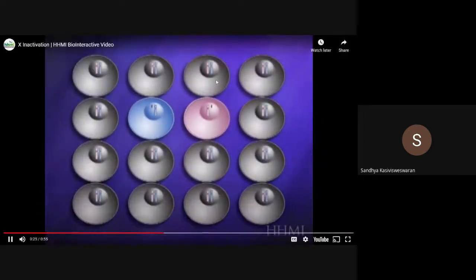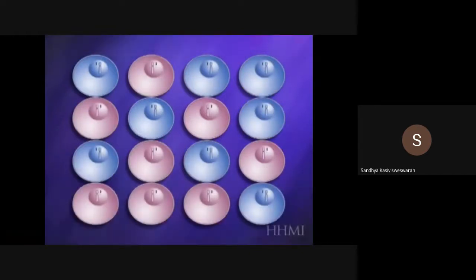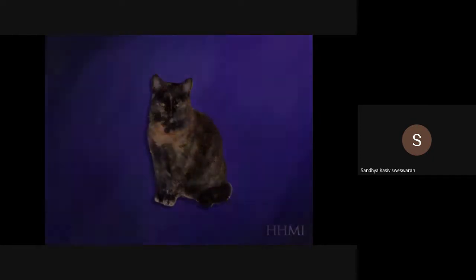And now this process will happen at random, and you'll have almost half of the cells with the maternal X active, half with the paternal X. The embryo will continue to grow, cells divide, all the descendants of that cell will keep the same X active. And you've seen this in calico cats, right? The coat color gene is on the X chromosome, and that's precisely why these cats look like this, a mosaic appearance, because of the process of X chromosome inactivation.